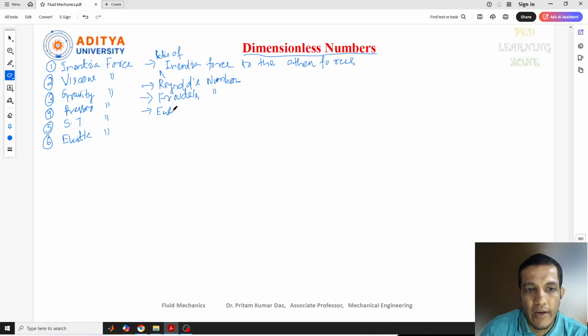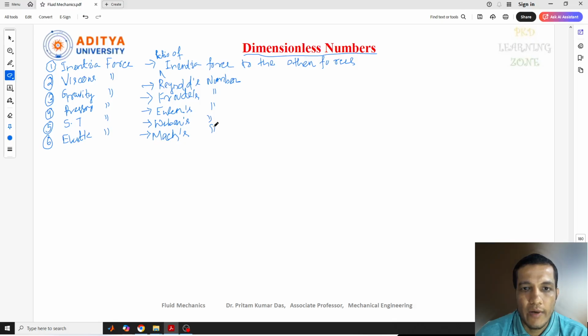Next is Weber's number. And the last one is Mach's number. In total we have 5 different types of numbers, and we'll discuss them one by one.